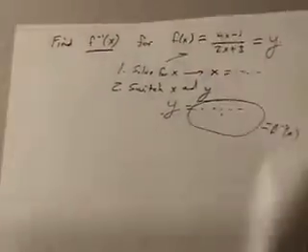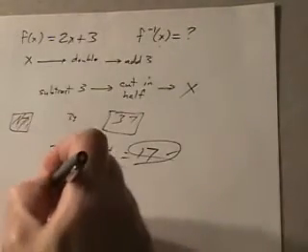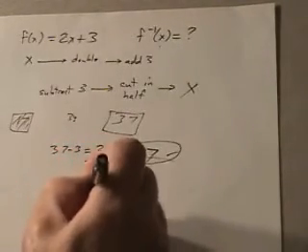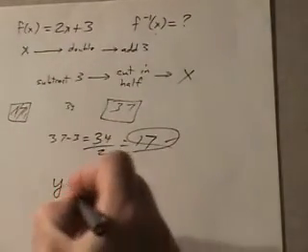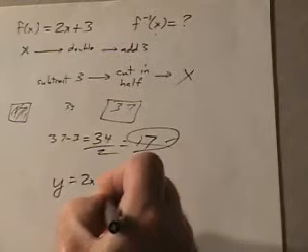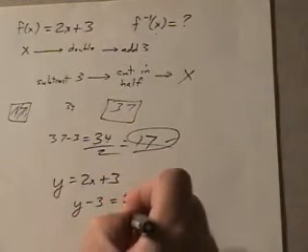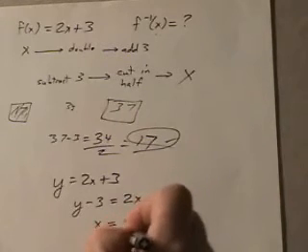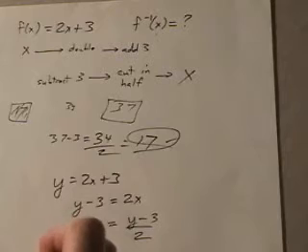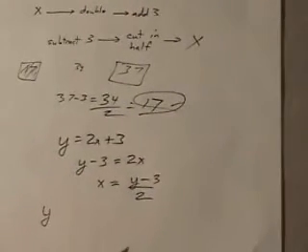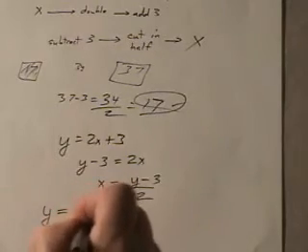So back to the other page. Remember the technique? We just take y equals 2x plus 3. Solve that for x. So we go y minus 3 equals 2x. Divide both sides by 2, so x equals (y minus 3) over 2. Switch x and y, so we get y equals (x minus 3) over 2.